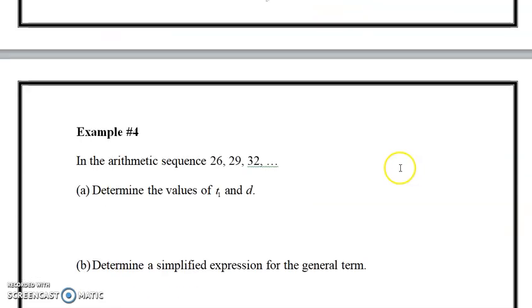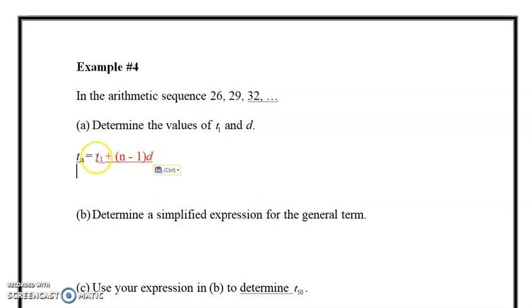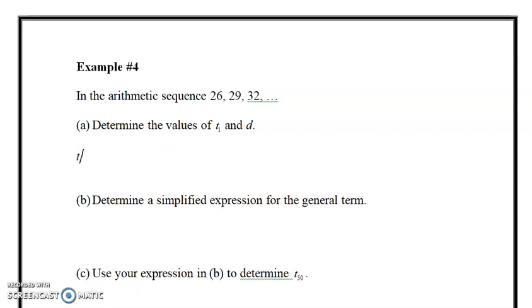Let's continue on with example 4. In example 4, we have an arithmetic sequence, 26, 29, and 32. It says determine the values of t1 and d. So we literally just have to list these. We would say that t1 is equal to 26, and d is equal to 3.